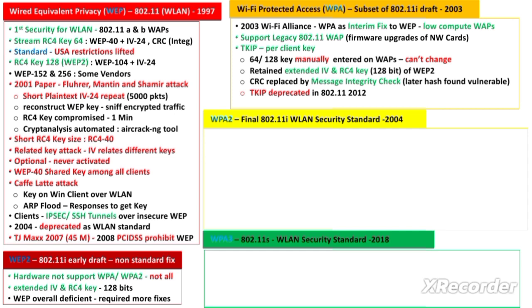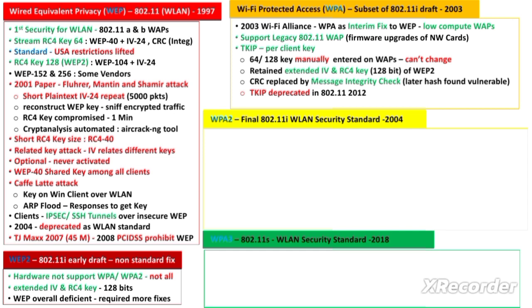So this WPA retained the improvement of WEP 2, that is the extended initialization vector and RC4 key of 128 bit. Furthermore, the cyclic redundancy check of WEP was replaced by message integrity check. However, this message integrity check, its hash was also found vulnerable.